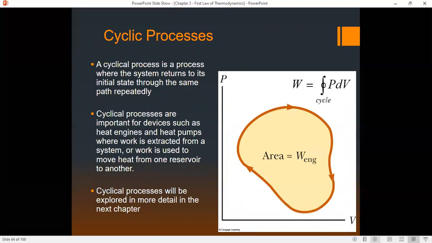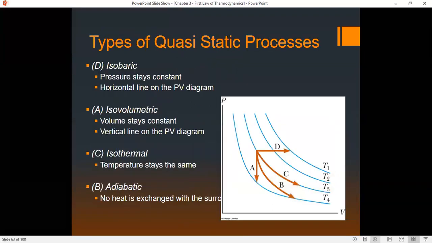The cyclical process, we're going to put all of these together to create one complete thermodynamic cycle from which we can extract energy. Going back here, we're going to want to allow the gas to expand when the temperature is hot, and we're going to want it to compress when the temperature is cold.